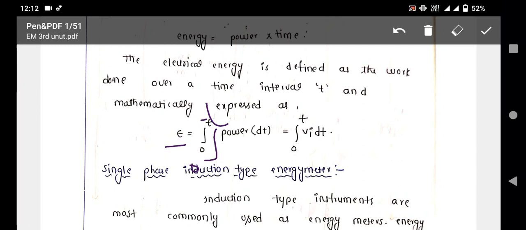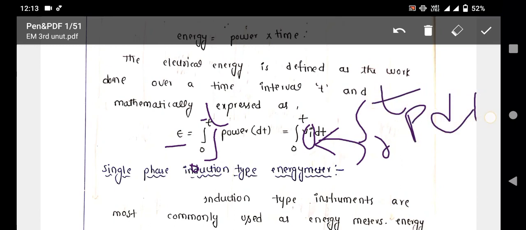It accurately calculates how much energy is consumed by one house or one industry. The energy meter directly calculates the integral of V into I dt, where VI is nothing but P, so the integral from 0 to t of P dt is known as energy. That is the power consumed over a period of time, integrated from 0 to time t.